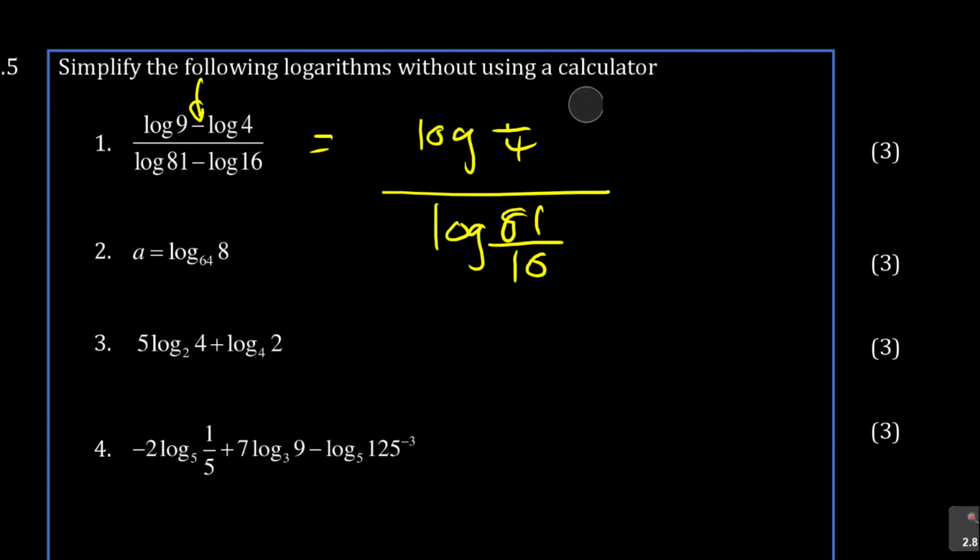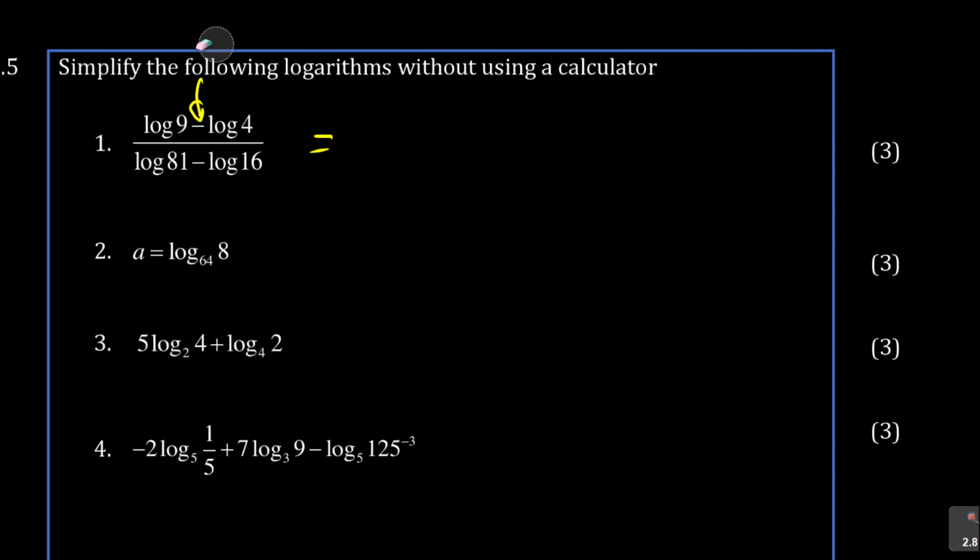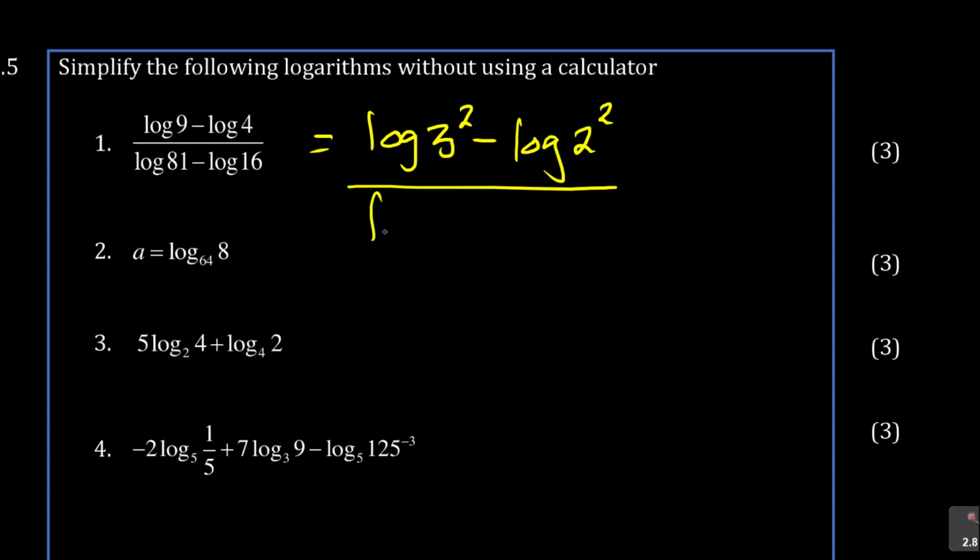Now, because of the way they've done it, they gave you special numbers. There's a reason why they gave you 9. This is the same as saying log 3 squared, because 9 is 3 squared. That's what they were getting at. Minus log 4, which is 2 squared. Over, they gave you 81 here. Now what is 81?